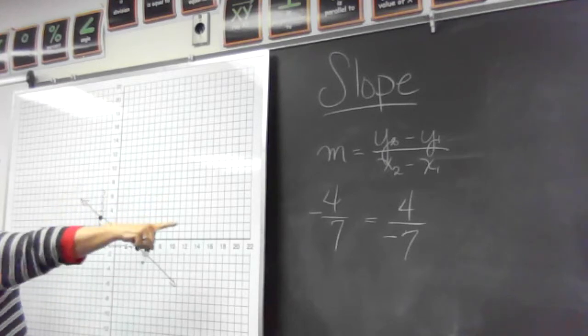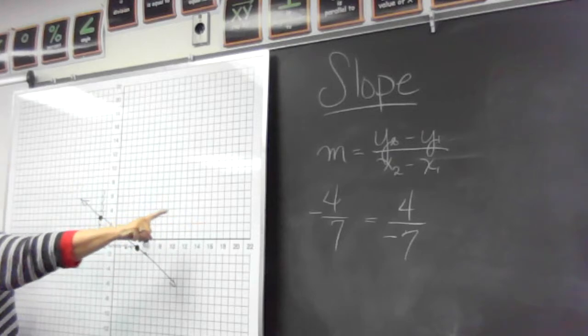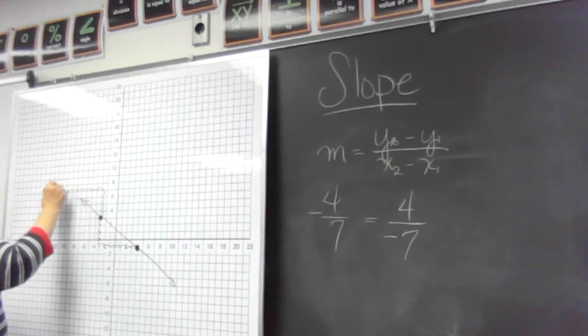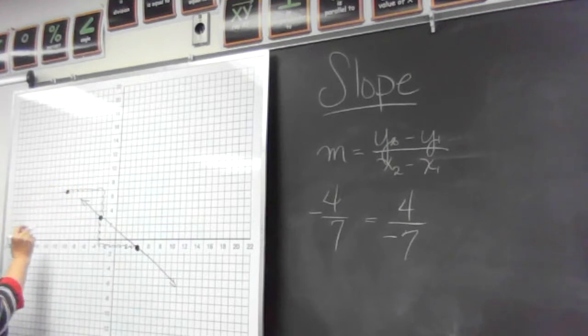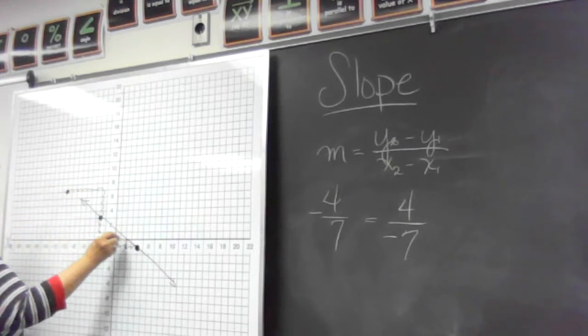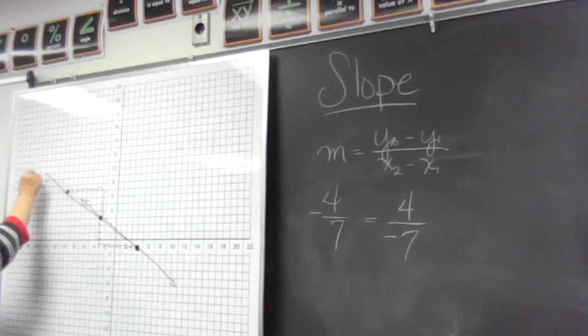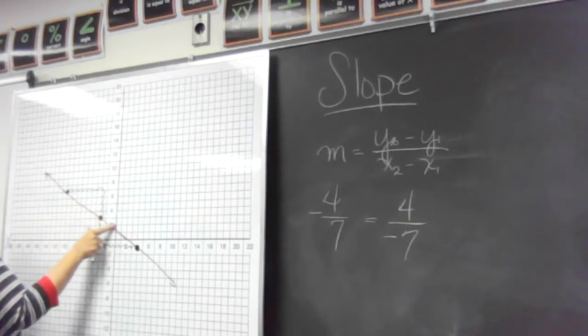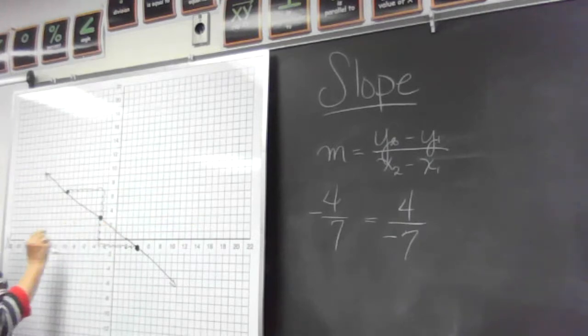And then I run in a negative direction, 7. 1, 2, 3, 4, 5, 6, 7. And if I used a straight edge, these would be on the same line. Do y'all see? I'm just not real straight without a straight edge.